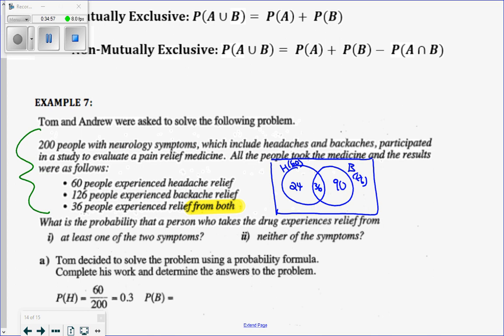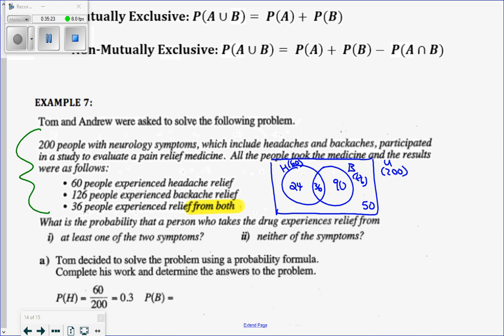Now, add up your three numbers because my universal set has to be 200. Have I missed anybody? So what's 24 plus 36 plus 90? I get 150. So that means 50 people to get to 200 experience nothing, no relief at all.